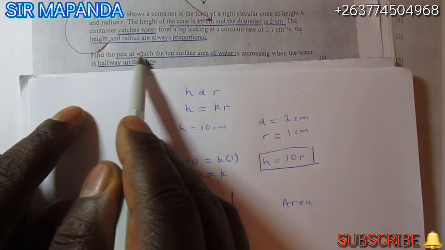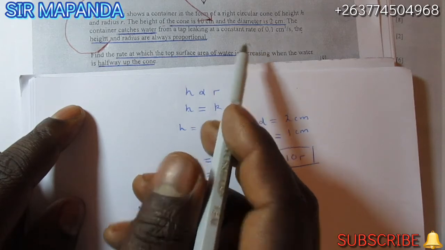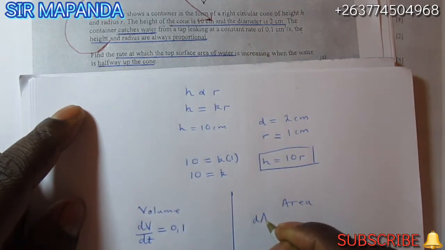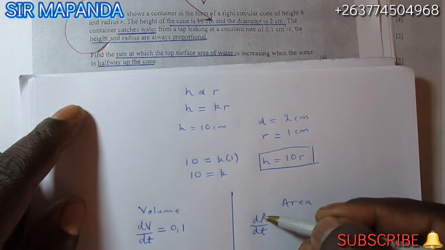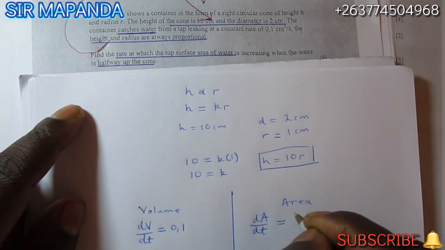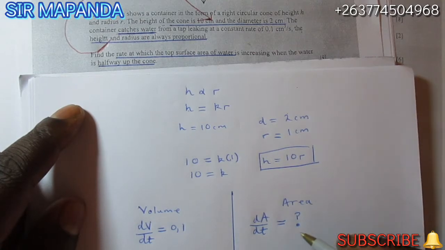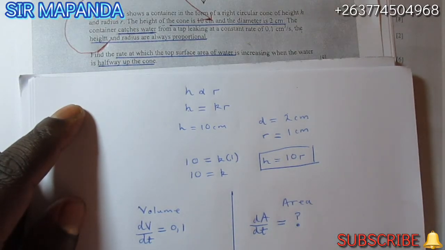Find the rate at which the top surface area of water is increasing. So we refer to this as dA/dt, the rate at which the top surface area of water is increasing. So this one is unknown. This is our target. If we are to find this, you get yourself 9 marks.